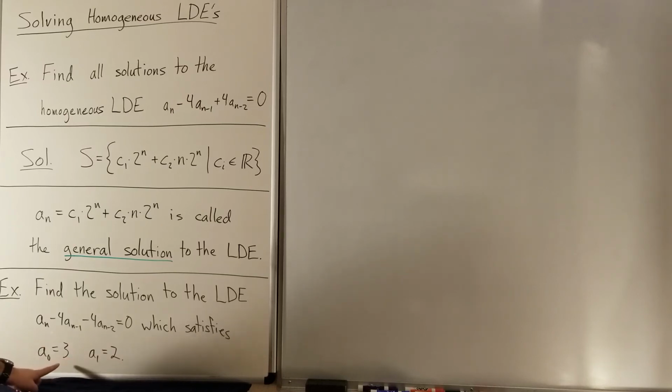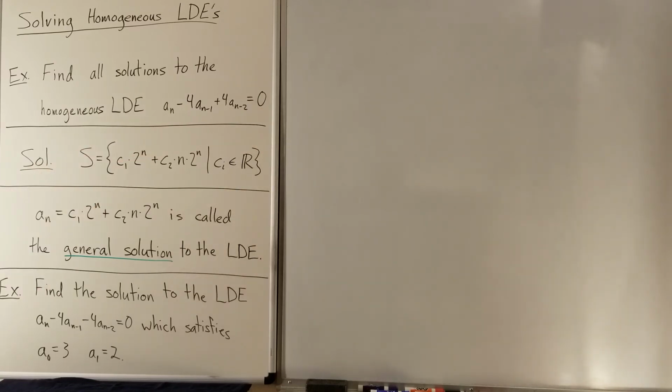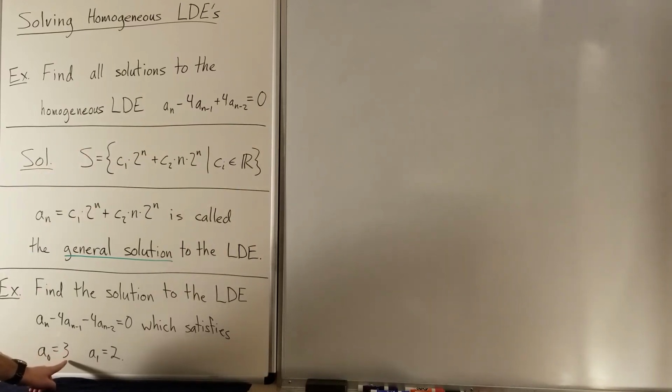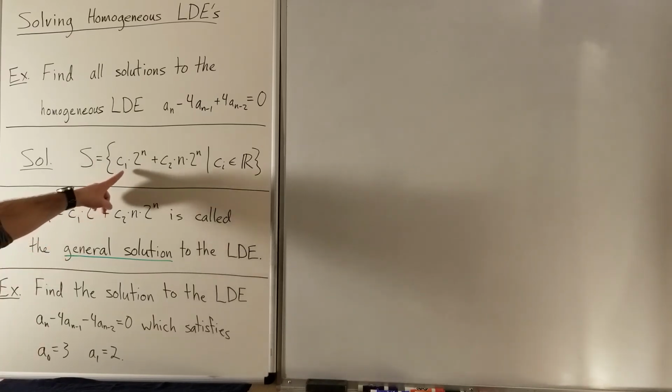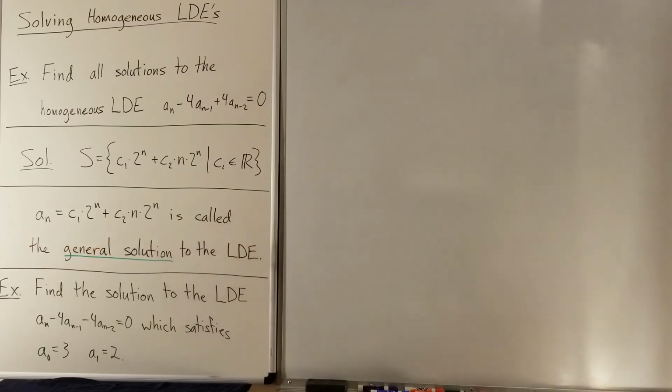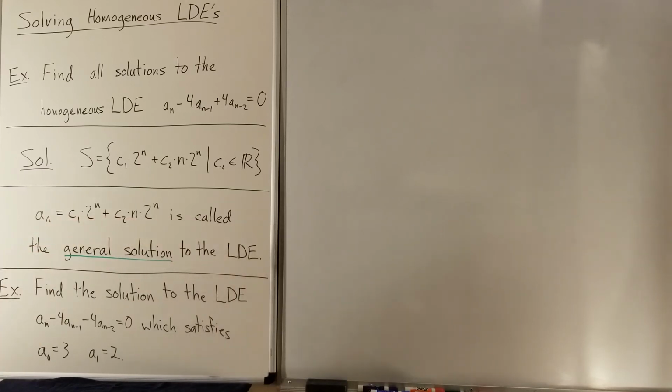So here we're asked to find a solution, one particular solution, to this exact same LDE, but we also want it to satisfy the fact that a sub 0 is equal to 3 and a sub 1 is equal to 2. So how do we go about doing that? Well, we do the same steps to get to this point right here, or equivalently this point, and then we do one additional step, which is to find particular values of C1 and C2, which make this happen.